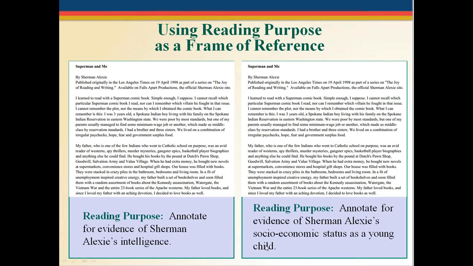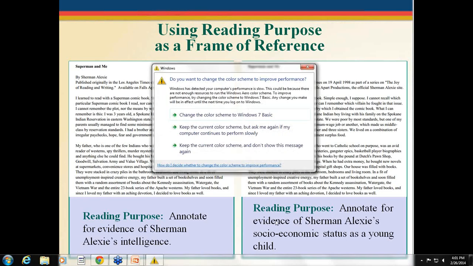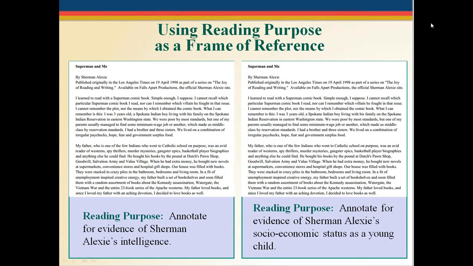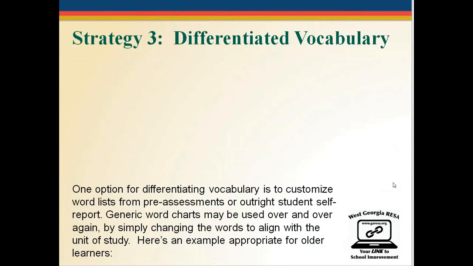But in order to find that information, in order to annotate for that evidence, you have to have a deeper ability or understanding. So just changing the frame of reference for a text is a great way to amp up or even to make more simple the task of reading.